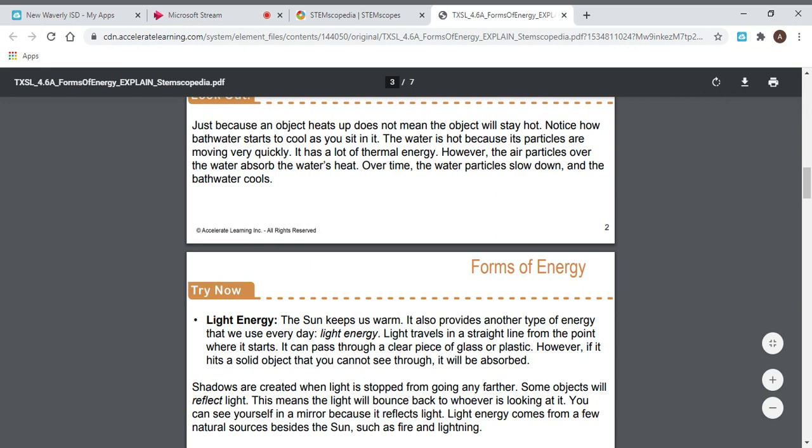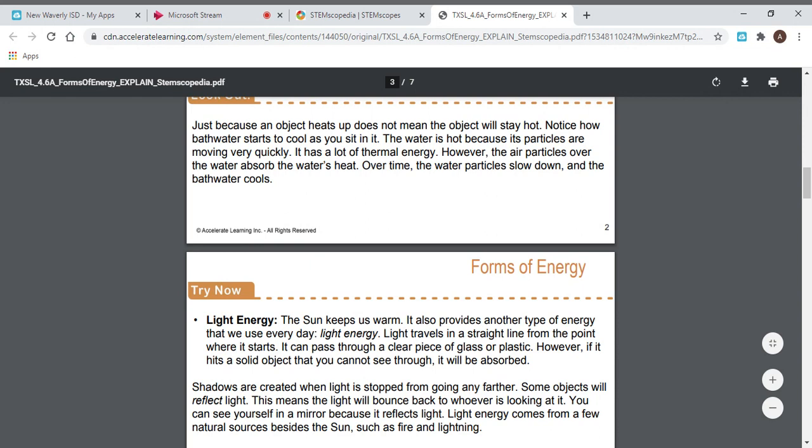Just because an object heats up does not mean the object will stay hot. Notice how bath water starts to cool as you sit in it. The water is hot because its particles are moving very quickly. It has a lot of thermal energy. However, the air particles over the water absorb the water's heat.